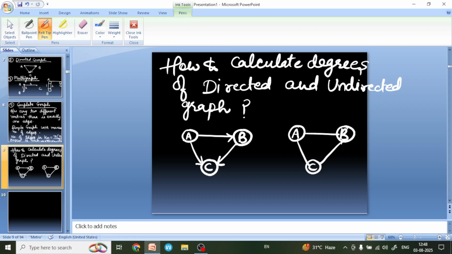Here the degree of vertex A: you can see it starts from A to B. So the degree of A is equal to 0.